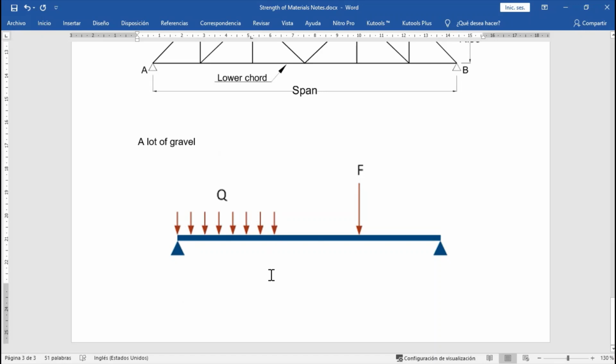There are some procedures, some formulas that can convert this distributed load into a single one, okay? So we can substitute this into a single one. Remember, a lot of rocks together here can be changed, mathematically speaking, into a single force using certain formulas. But this is a distributed load and this is a concentrated load, okay?